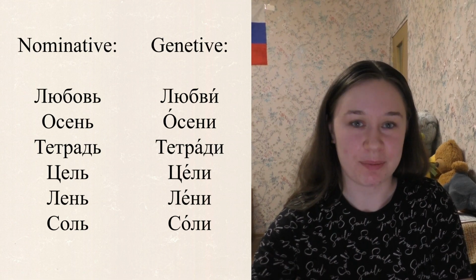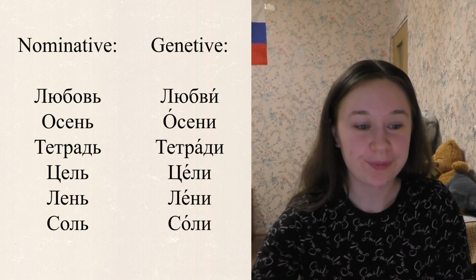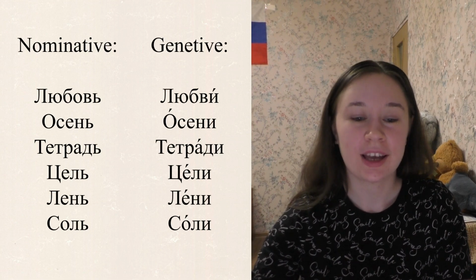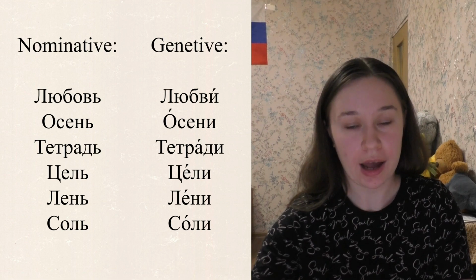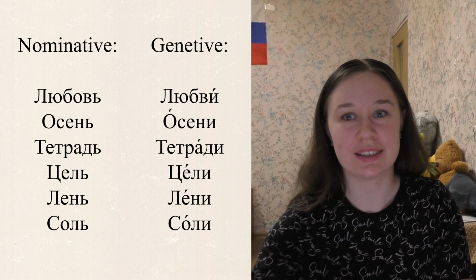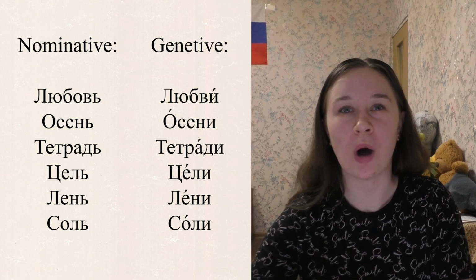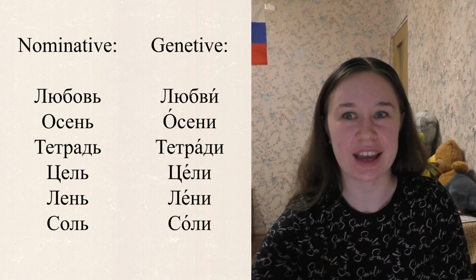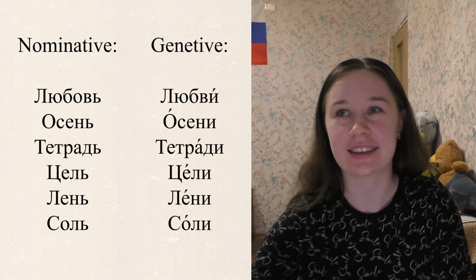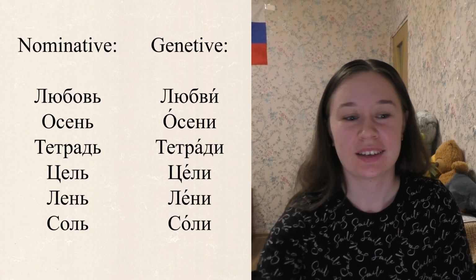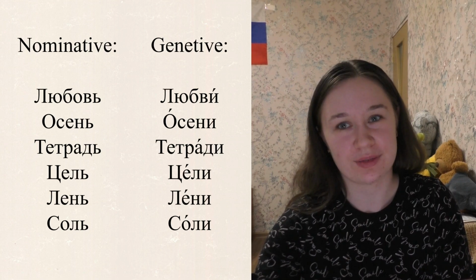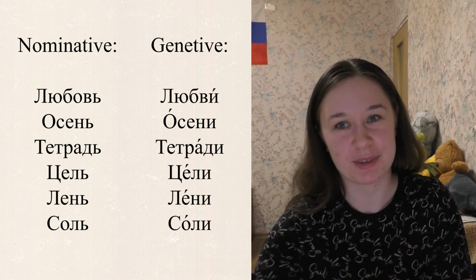Let's see the examples. Любовь, любви. Here letter O dropped out. That's normal. Sometimes it happens. I won't explain why it happens because actually I don't know, and it doesn't matter actually why it happens.